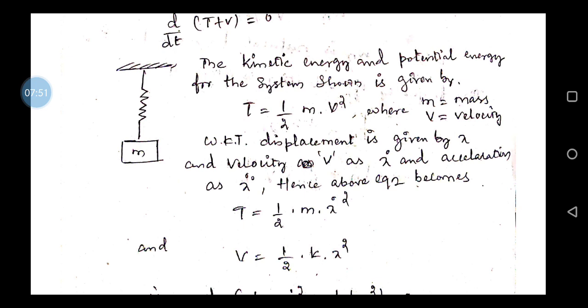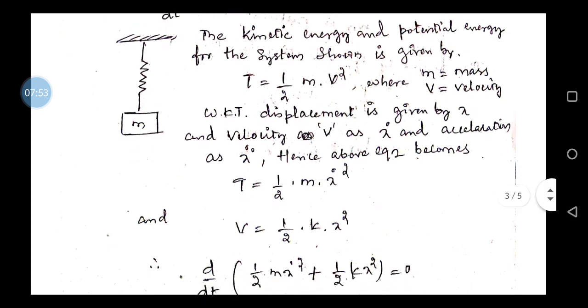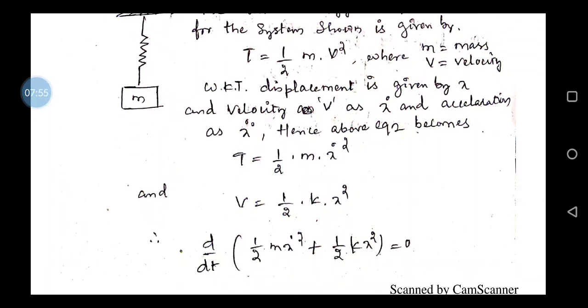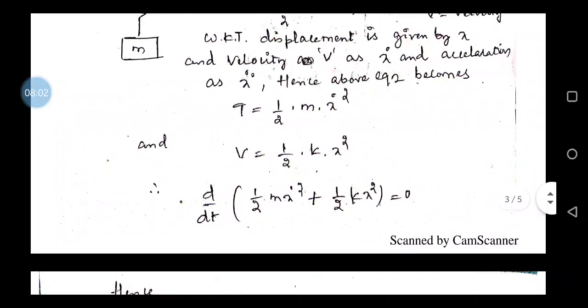We already learnt that the displacement is given by x, velocity is given as x dot, and acceleration is denoted as x double dot. Hence the above equation can be replaced as half into m into x dot square, and potential energy is given by half into k into x square.